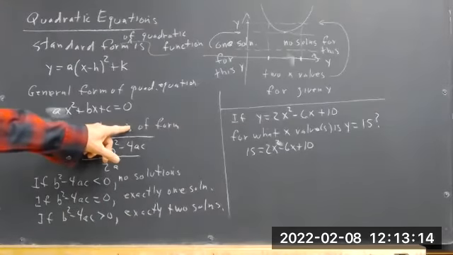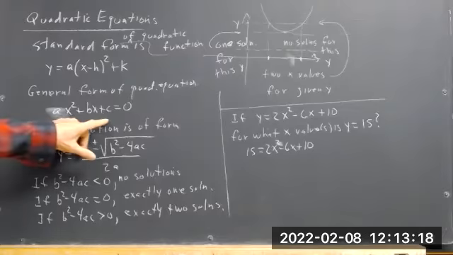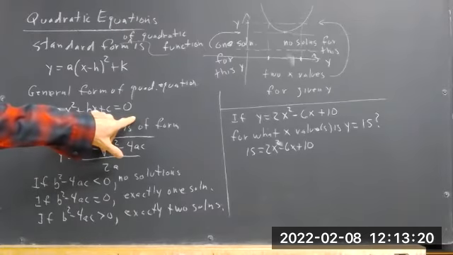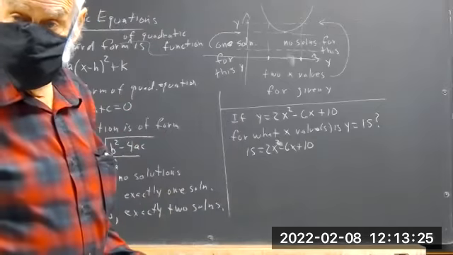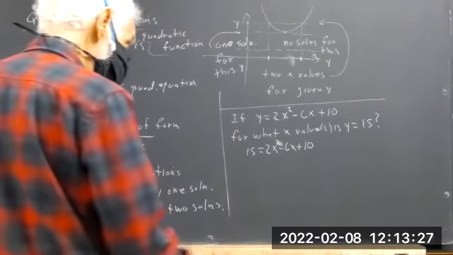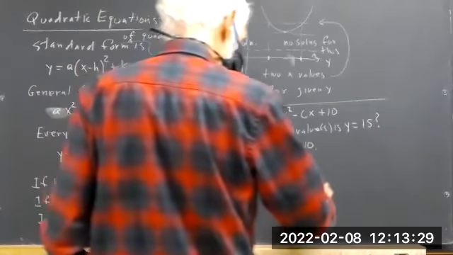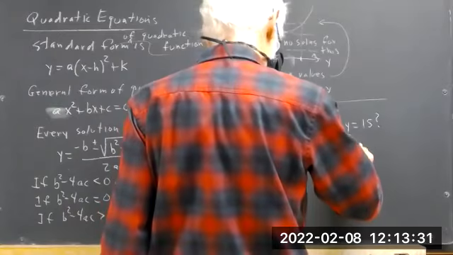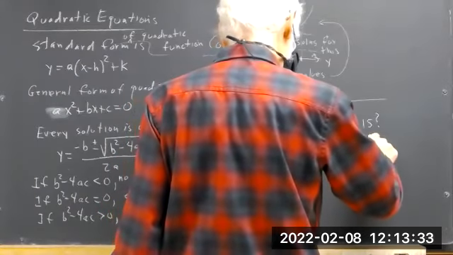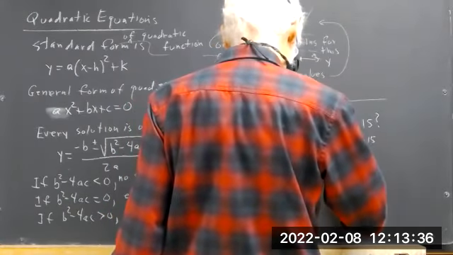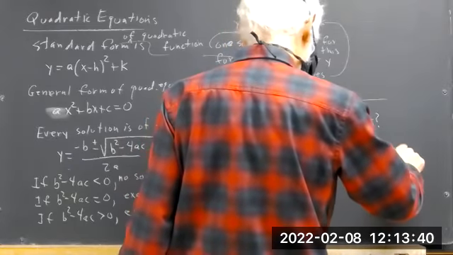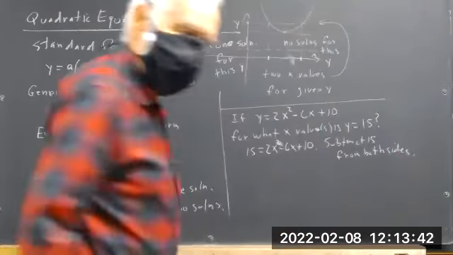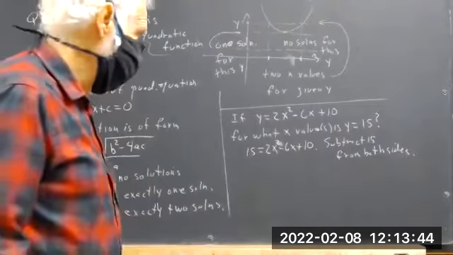That's not in this form, is it? In this form, you have it equal to 0, right? So we have to subtract 15 from both sides.